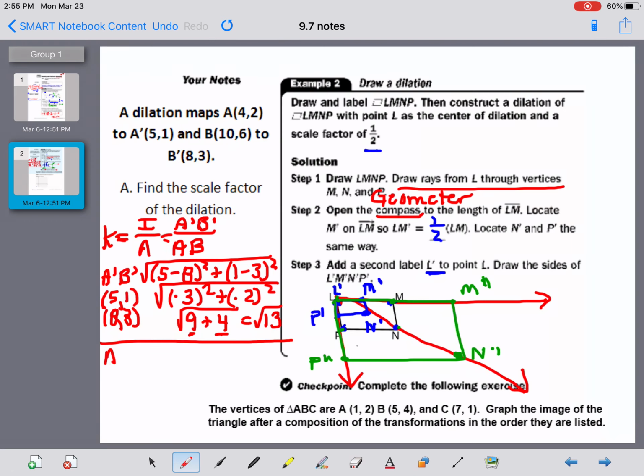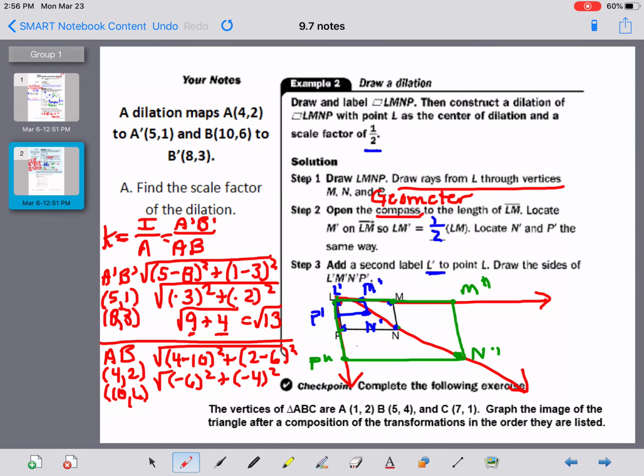Let's work on AB. A is the point (4, 2). B is the point (10, 6). And I'm going to take my x's and I'm going to subtract them, 4 minus 10. And subtract those y's, 2 minus 6. 4 minus 10 is negative 6. 2 minus 6 is negative 4.